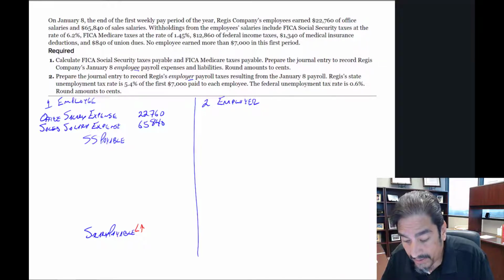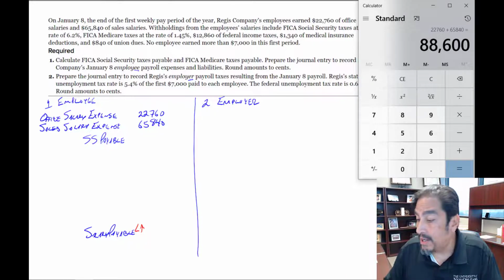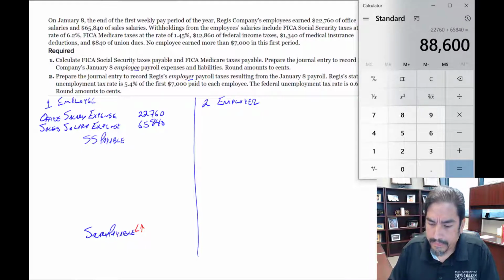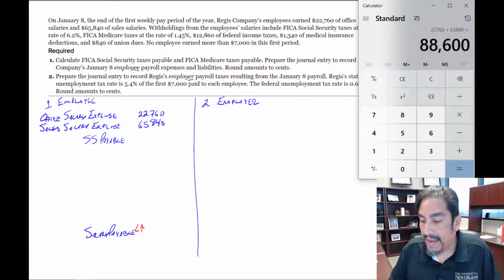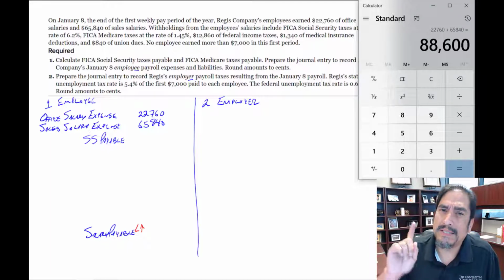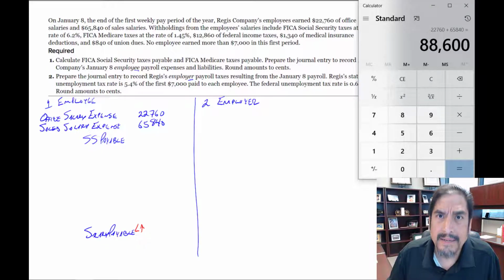So we've got 88,600 as our total salary, and this is our very first pay period of the year. So we know we haven't gone over the max of 132 something or other. And really we know because there are multiple employees here. The only way we could be close is if there was a single employee that we paid the full 88,600 to, and even then we wouldn't be close to the threshold yet.